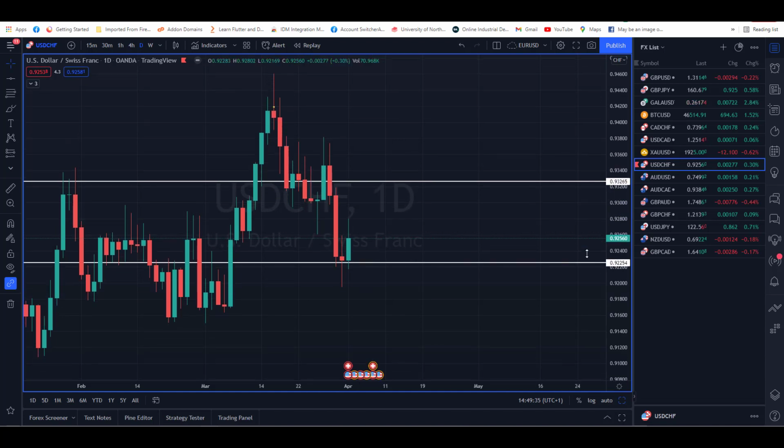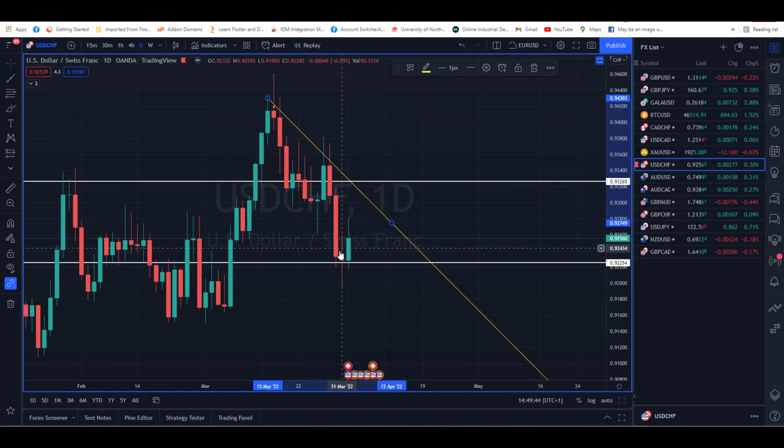Right here, I want us to take note of this. Even though the market has been trending down on the daily, it is bouncing off a very strong support right here. For the past 3 trading days, there hasn't been a candle close below this zone, and on reaching here we see this impulsive, bullish strength.